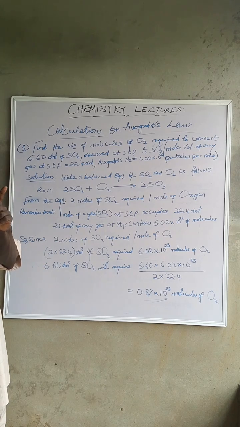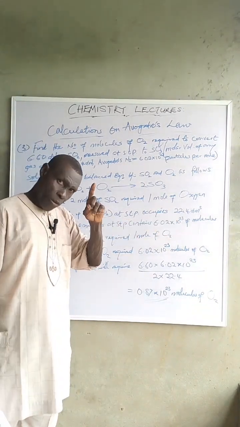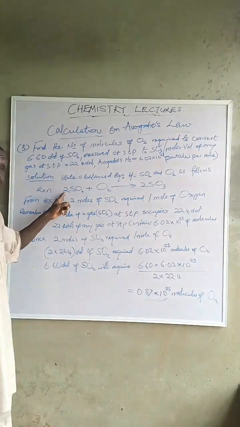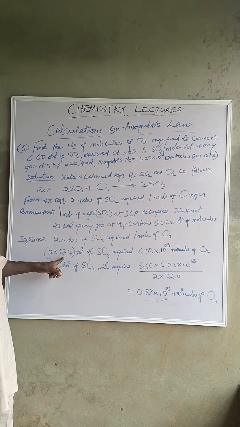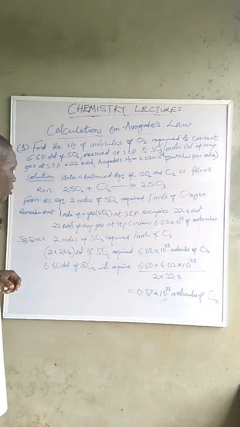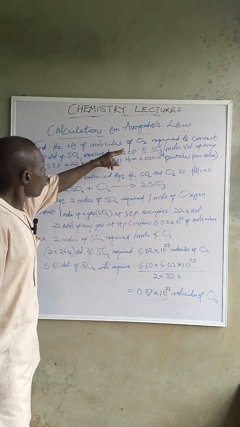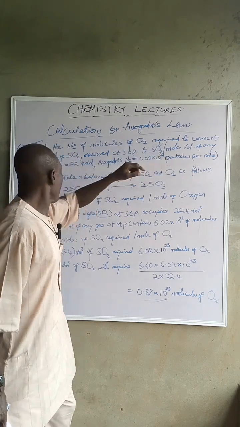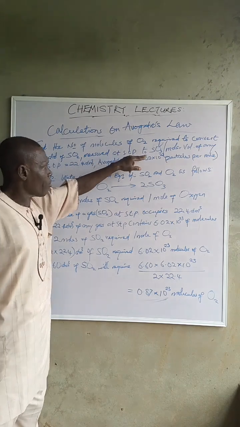1 mole of the gas at STP will occupy a volume of 22.4. But now there are 2 moles of the gas. So 2 times 22.4, that's what they're talking about now. Now look at it. They are now saying, what amount of oxygen is required to convert this amount of the gas at STP to this.